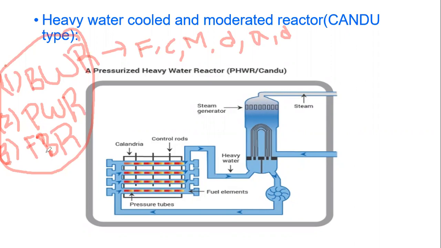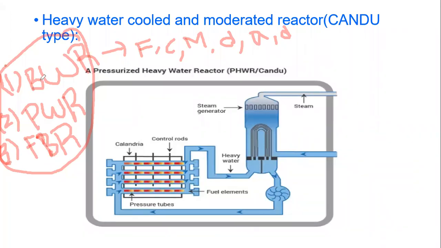Same as that, we learn which fuel, coolant and moderator are used in the FBR, its diagram, and also the advantages and disadvantages of the FBR, which are major and important from the exam point of view.